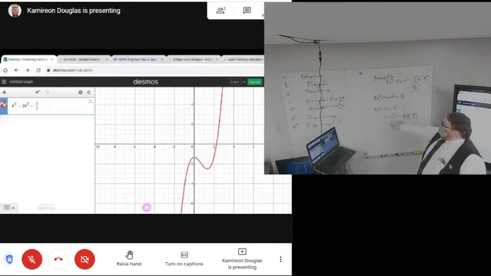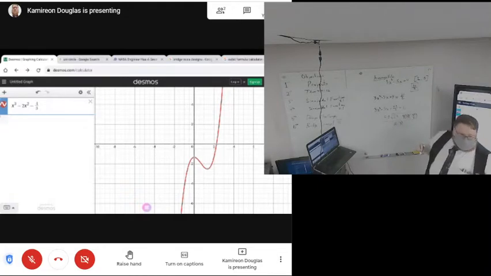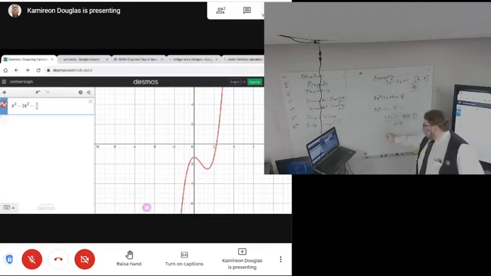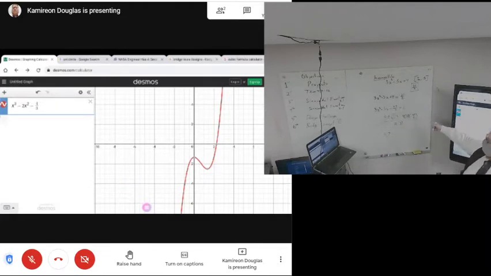Now, it's possible both of these are in this range. It's possible only one of these is in this range. But there has to be at least one. Remember, there has to be a place where there is a solution, according to the mean value theorem. So I'm going to simplify a little and see if I can make some guesses here. So I have 5 plus or minus the square root of 25, minus 4 times 3 times negative 43 over 2.